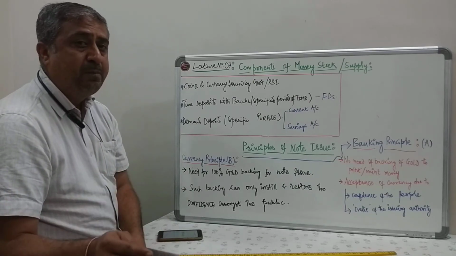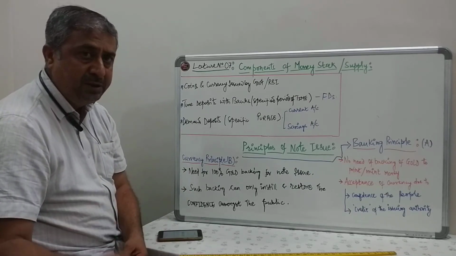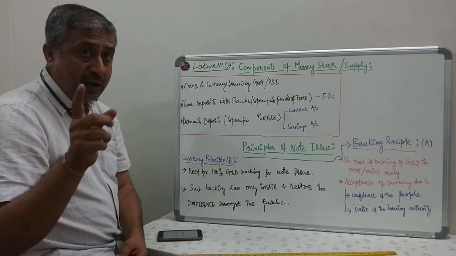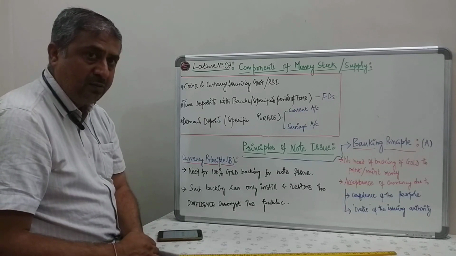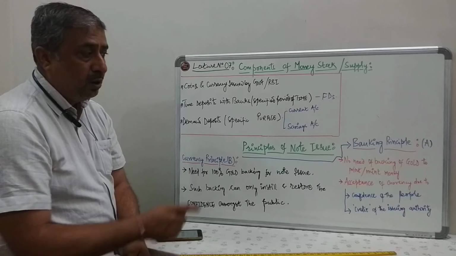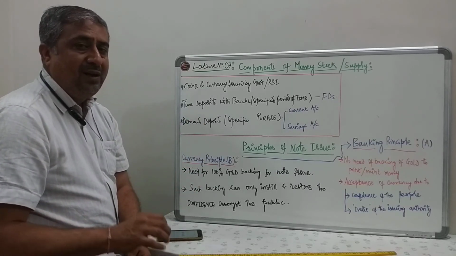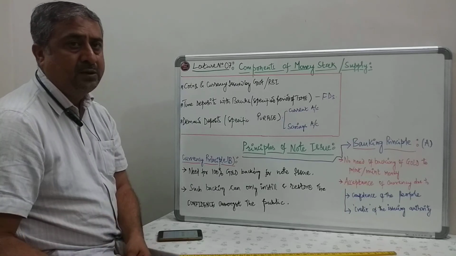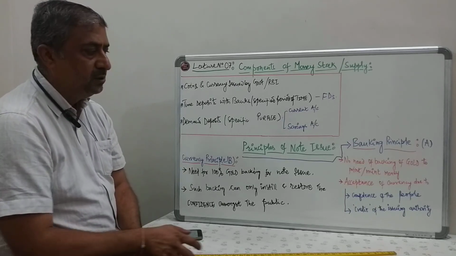The purchasing power of money does not diminish. However, the point to remember here is that currency or coins are printed or minted according to the banking principle only in the rarest of rare circumstances. It's not a standard or generalized practice.